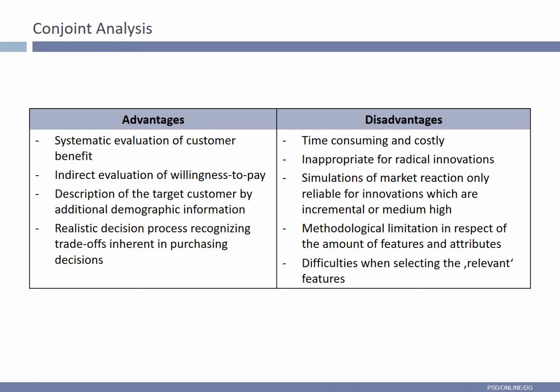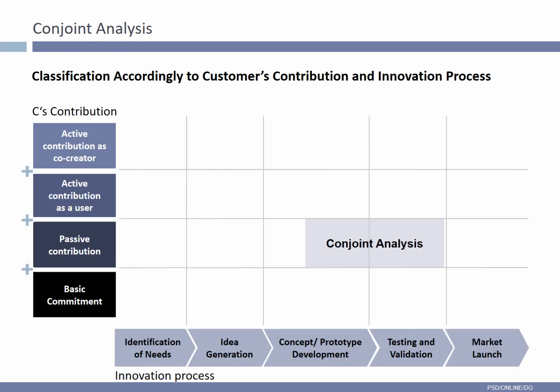So the conjoint analysis is fantastic for the later stage of development when you have to decide what is the specific feature set that could come on board, and also for testing and validation to find out what is the perfect product variation that you should then implement in your final product or product portfolio.